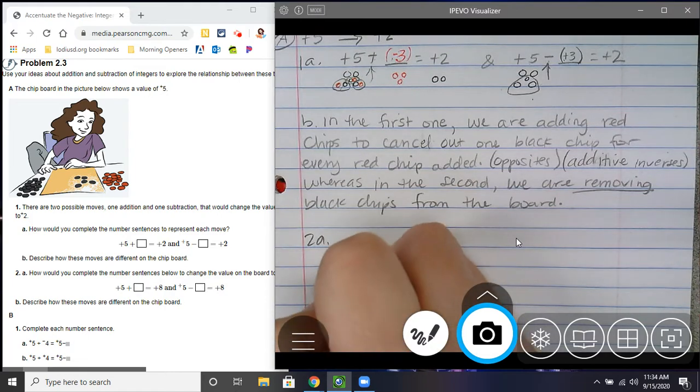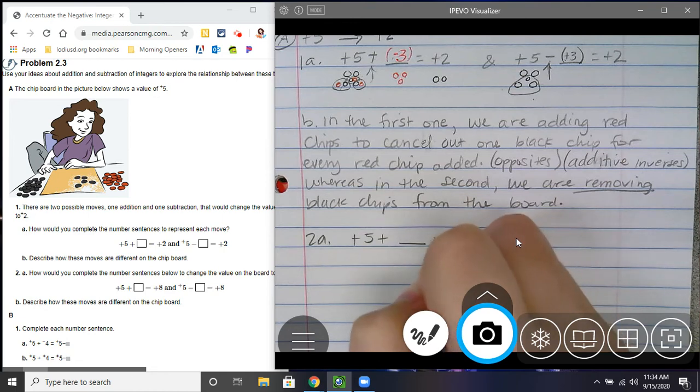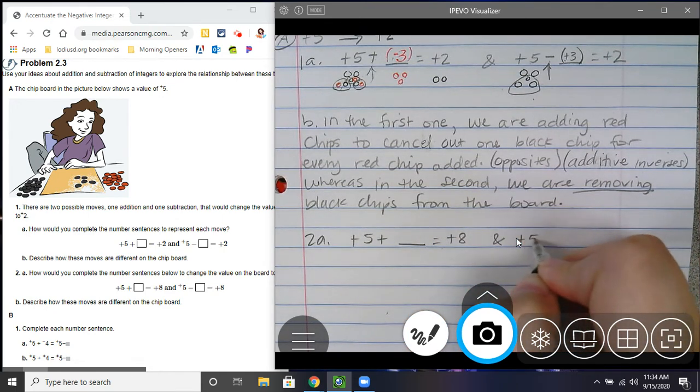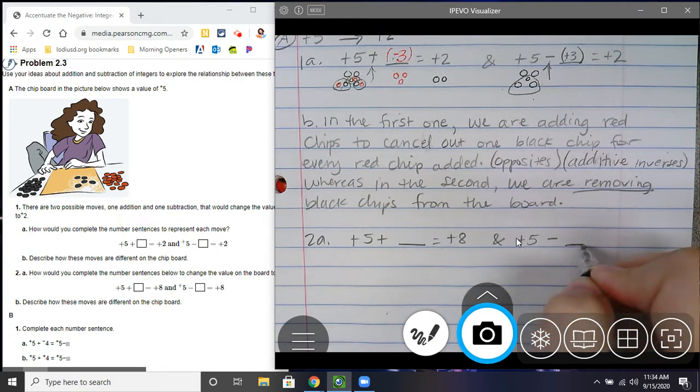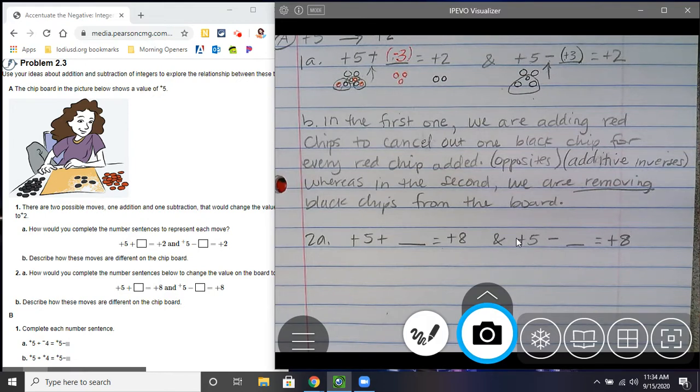So now we have positive 5 plus some number equals positive 8, and positive 5 minus some number equals positive 8. Now we have to get creative here, because this is going to be a little more outside of the box type thinking.